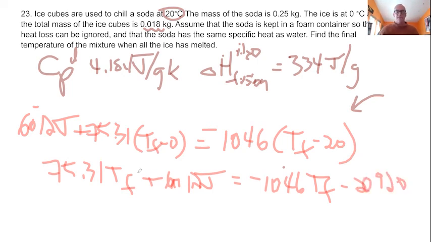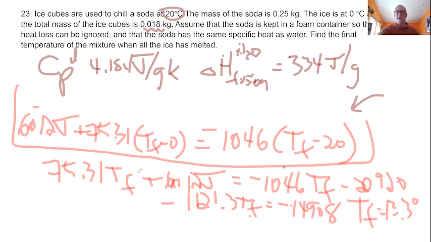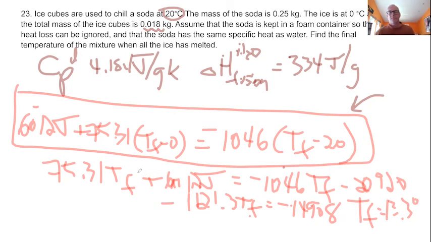So then you put it all together and you get minus 1121.3 temperature finals equals minus 149.08. Temperature final equals 13.3 degrees. So yeah, get it to this point and then it's just algebra at that point. And you should get 13.3.